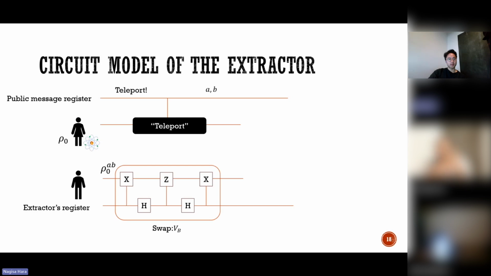Then by communicating with Bob's side, putting the quantum state on the communication channel, the extractor applies the swap gadget coming from the self-testing property. The extractor is able to pull out Bob's state to its private register, and then finally corrects this state to produce the ground state. So this is how the proof works.